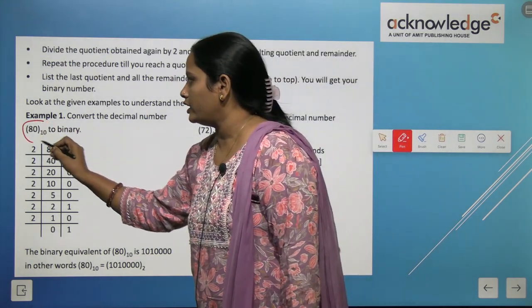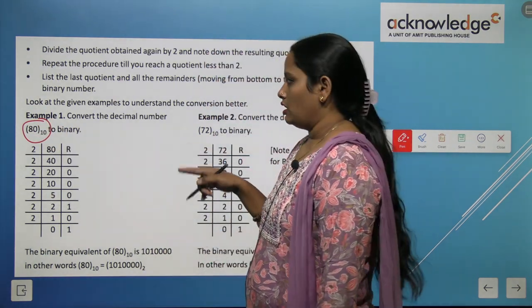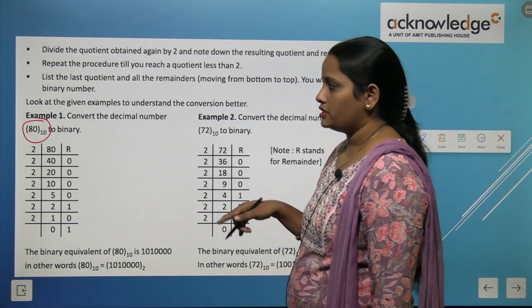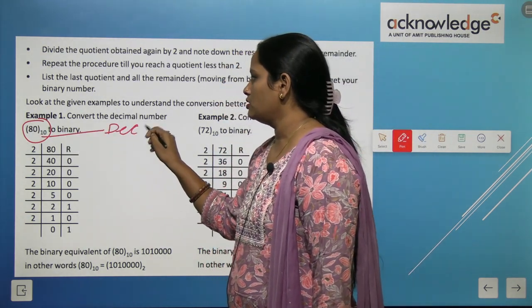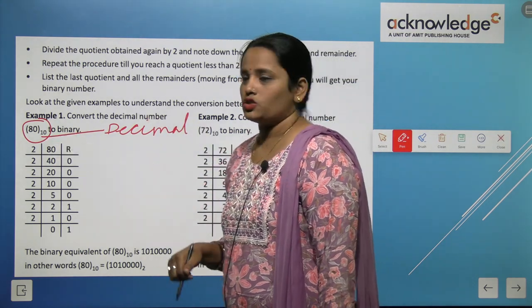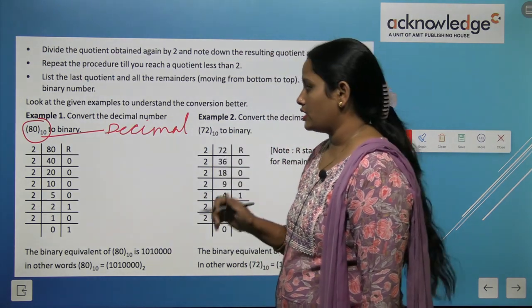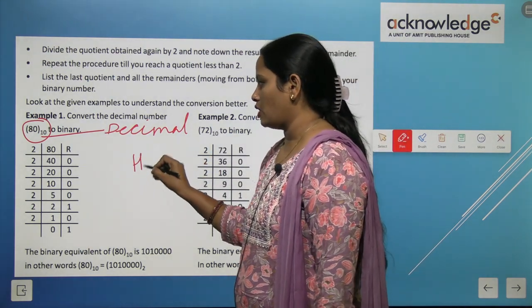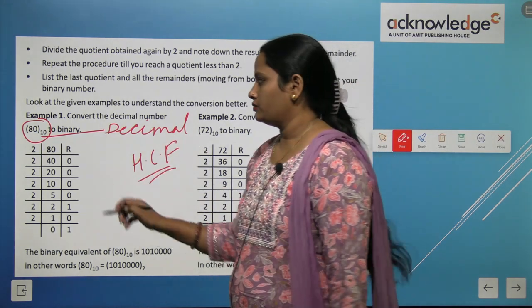So we have to find the binary number of the given number 80, and the base is 10 here. Base 10 means it is a decimal number. So we are going to convert this into a binary number. As we have learned in our earlier classes, in our smaller classes, how to take out the HCF, we are going to do the same thing here.